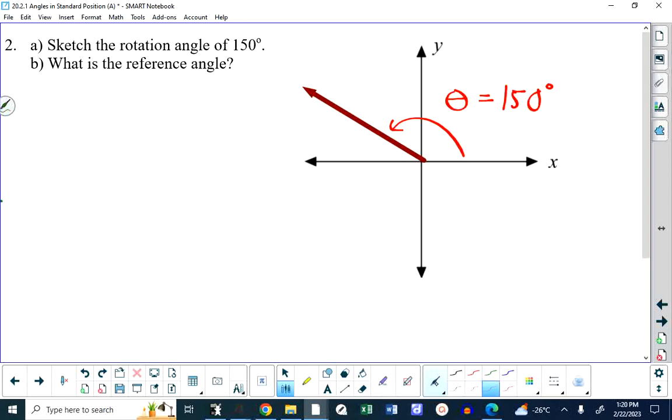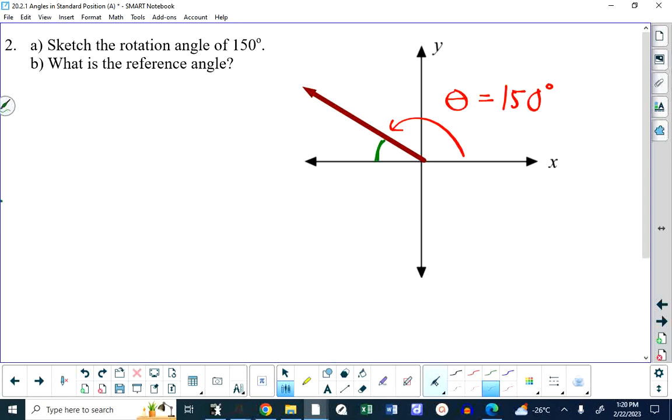And the reference angle is this angle. Because it's the smallest positive angle between the arm and the x-axis. Listen, in other words, and this isn't going to come through on the video, you take the terminal arm and you basically drop it down to the x-axis so many degrees for a reference angle, or you take the terminal arm and you pop it up to the x-axis.